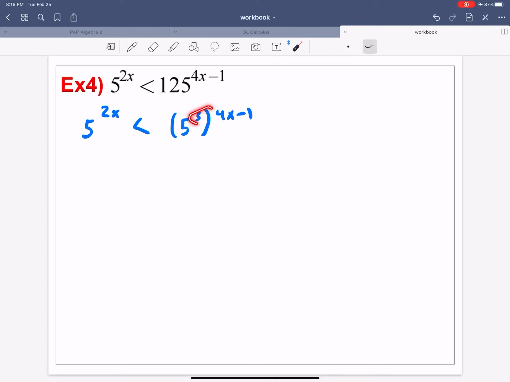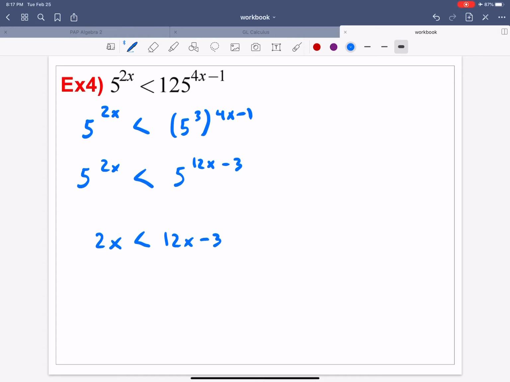So now I'm going to multiply these two exponents together. So I've got 5 to the 2x is less than 5 to the 12x minus 3. Now that I have equated the bases, I've got base 5 here and base 5 here. Now all I do is I take those exponents and I just rewrite them as an inequality. Use the same sign that you have in the original.